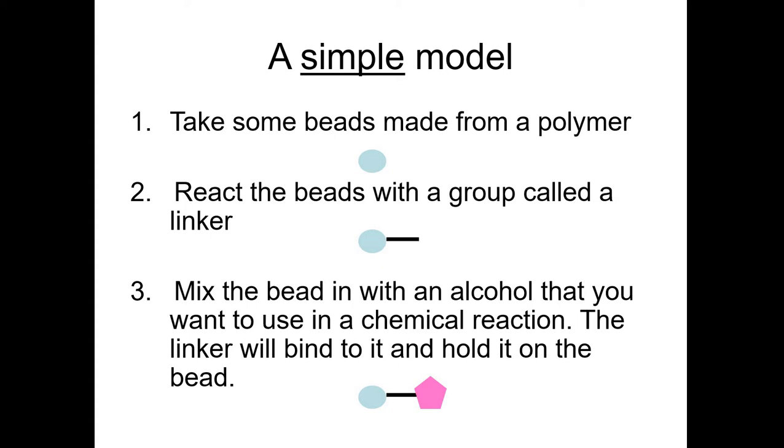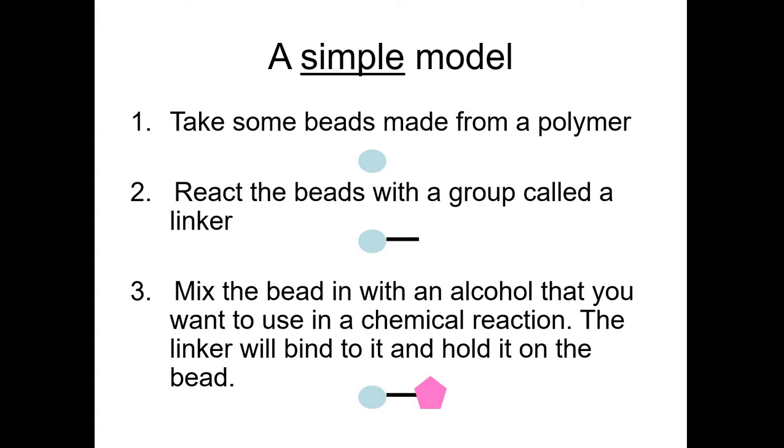React the beads with a group called a linker. Again, we start: take some beads made from polymer, react the beads with a group called a linker. This is the second step.